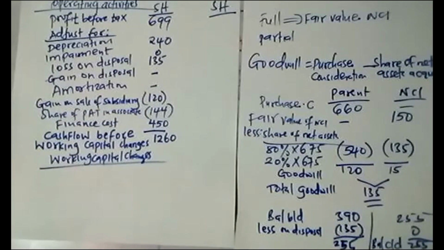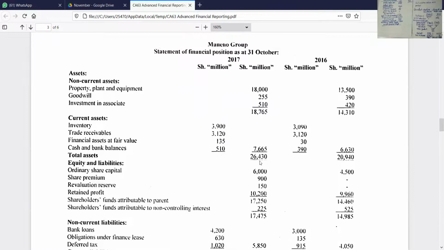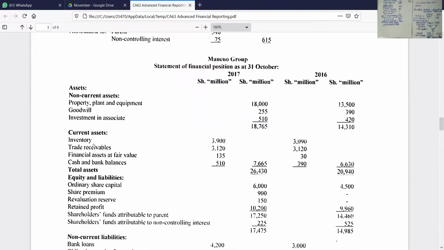So if I move to my current assets, I can check the increase or decrease in those current assets, of which I've said inventory and trade receivables. In this scenario, we have inventory at the start of 2016 of 3090.